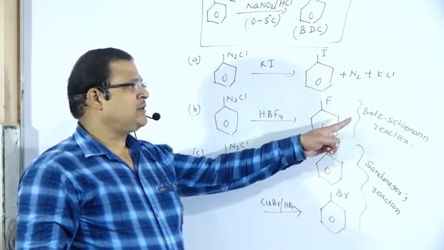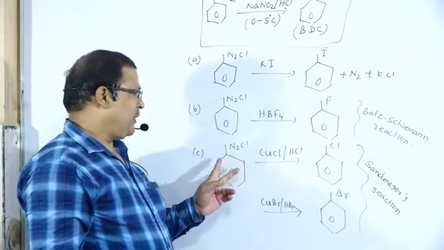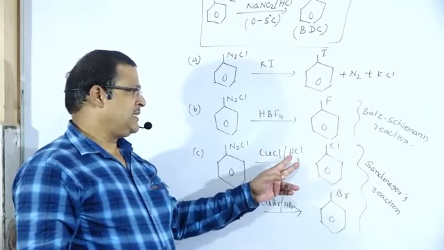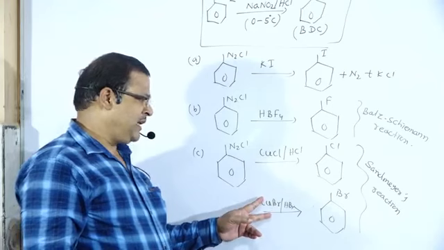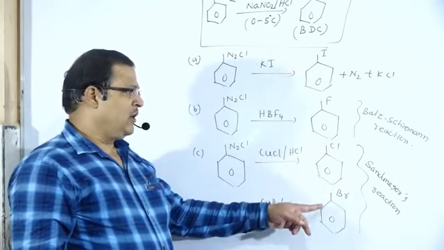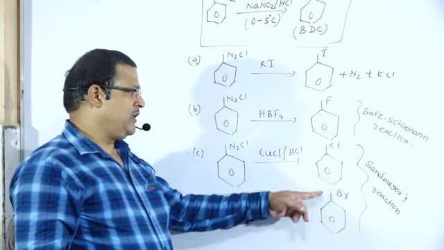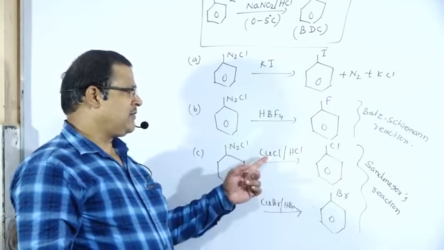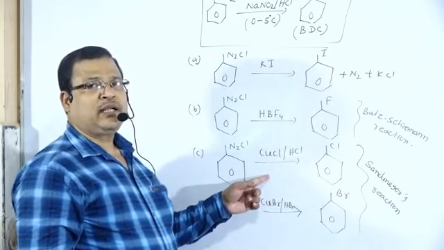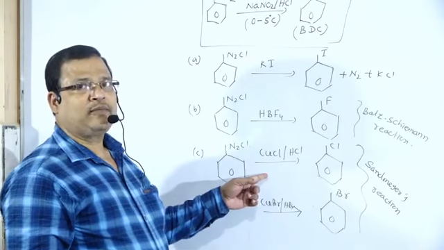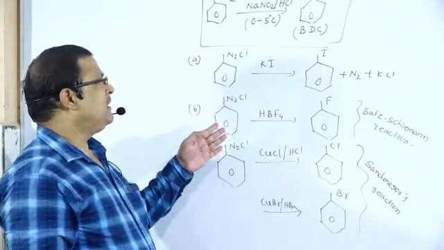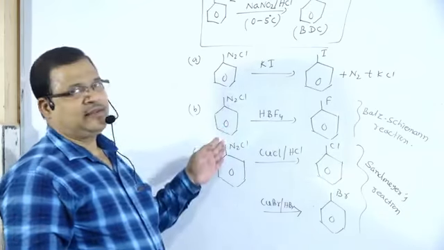This reaction is known as Balz-Schiemann reaction. And whenever BDC is treated with CuCl, HCl, or CuBr, HBr, there is a formation of chlorobenzene or bromobenzene. Instead of copper chloride or copper bromide, we can also take freshly prepared copper. So this is regarding the methods of preparation of aryl halides from BDC.